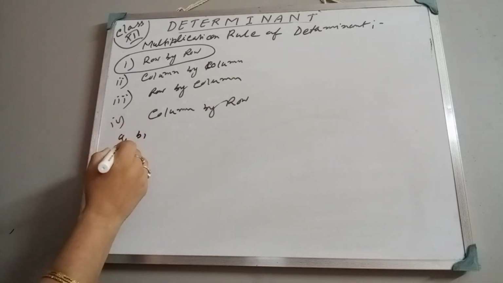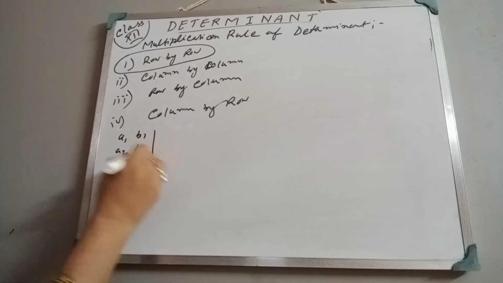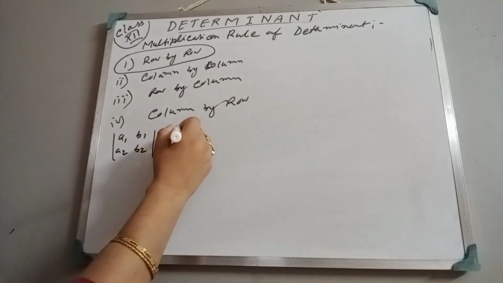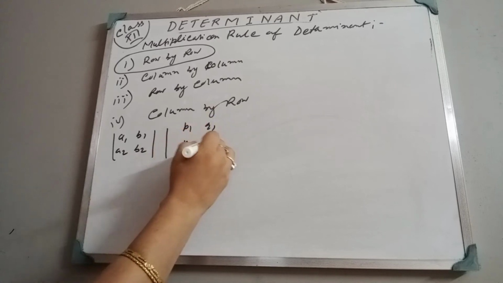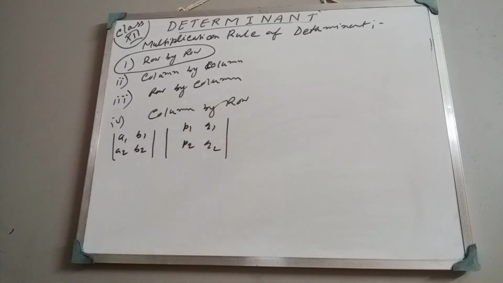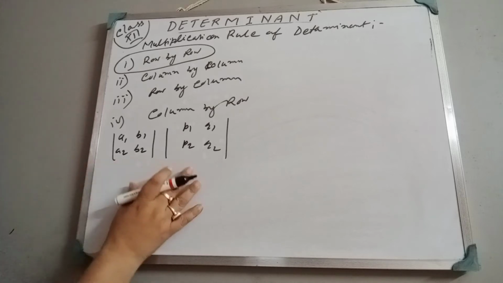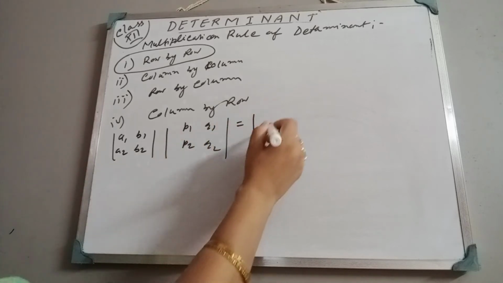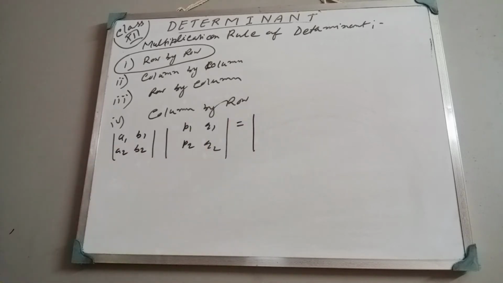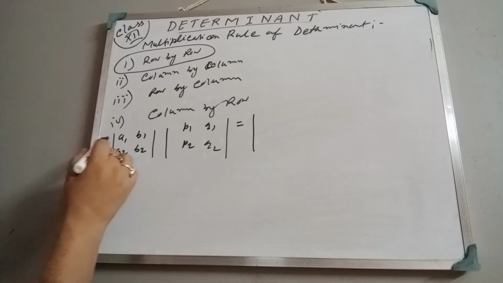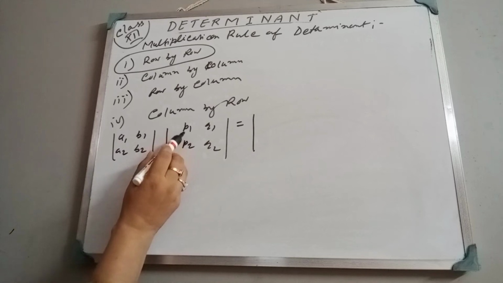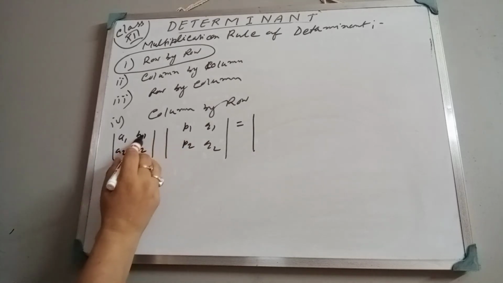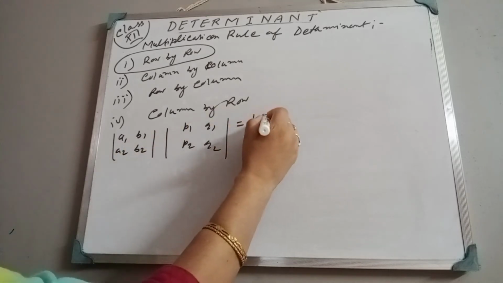A1 B1, A2 B2, into P1 Q1, P2 Q2. So what is the multiplication product of these two determinants? Row by row, that means first row and first row. So what will we get?